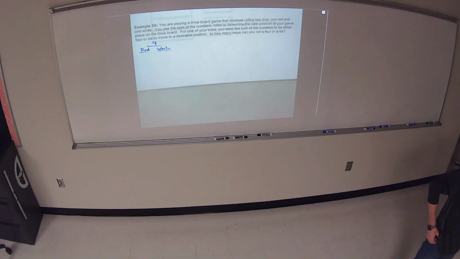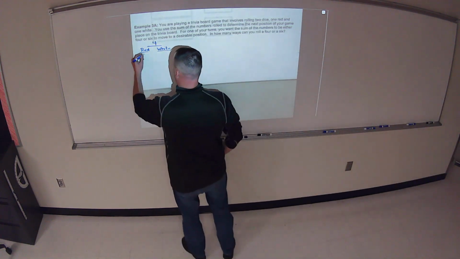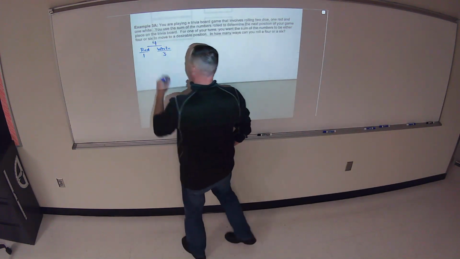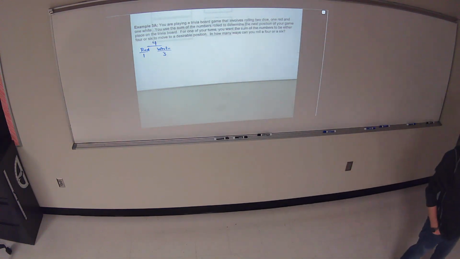Well, 1 plus 3 is 4. So I'm going to start with the 1 on the red, which means I have to roll a 3 on the white. Doing this in order is going to help you so you're not missing some.